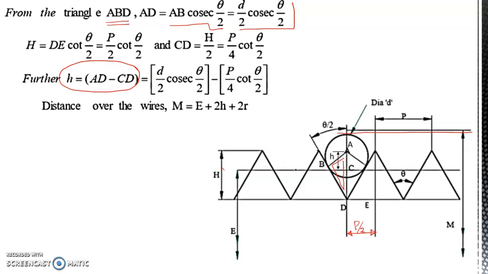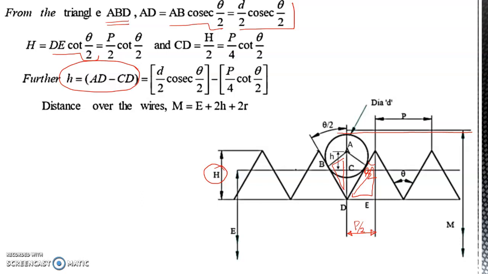And the depth h is given as d cot theta by 2, considering the triangle given here. This angle is theta by 2 and the opposite side is p by 2, that is pitch by 2.